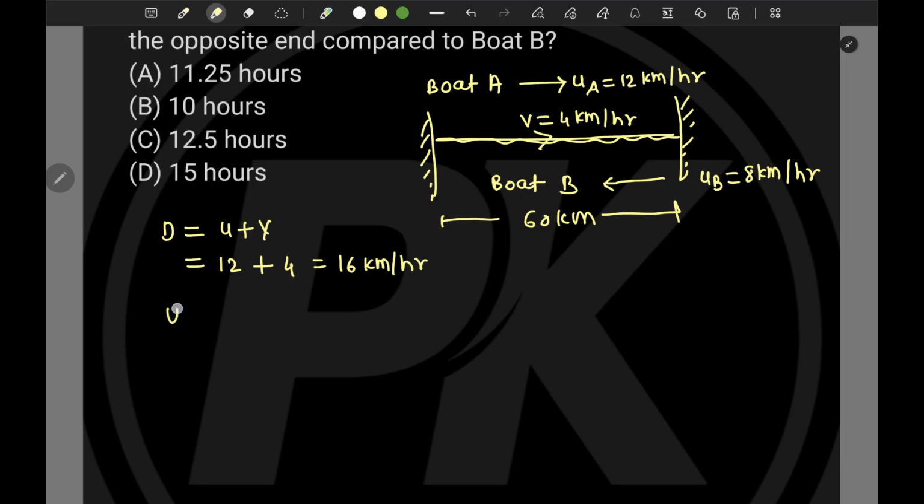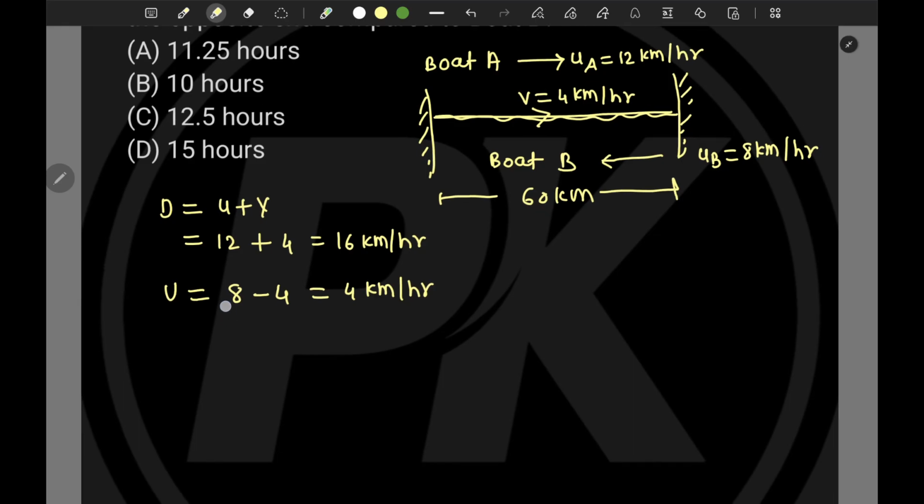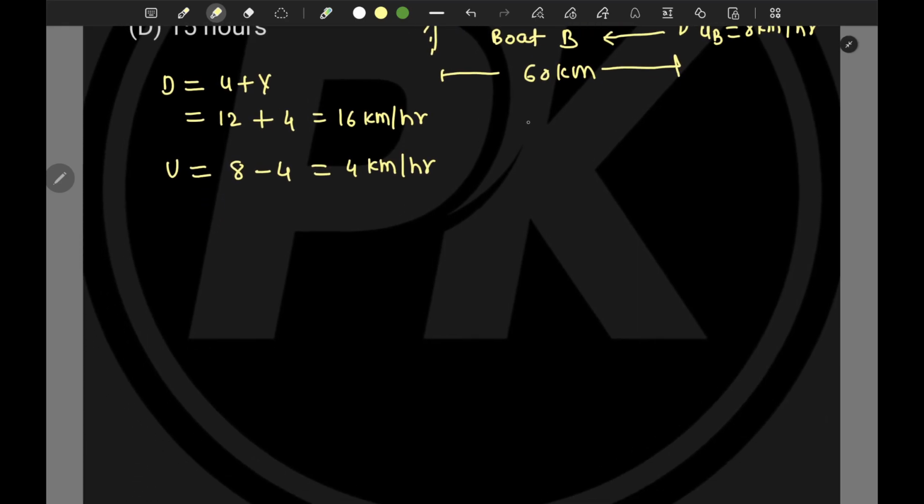And now upstream, the boat B is moving. Hence the u for boat B is 8 minus the stream speed which is 4, and hence it is equal to 4 kilometer per hour. And they are asking us to find the time difference between these two boats.